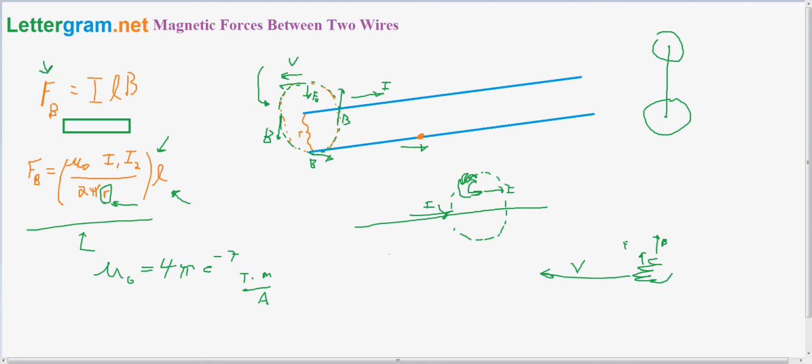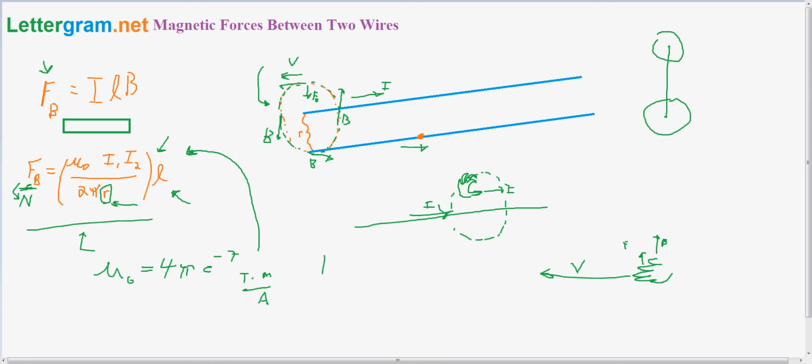And if you plug that into the equation, you can clearly see that you end up canceling out the amps, and you'll get newtons. This will be the unit of newtons.